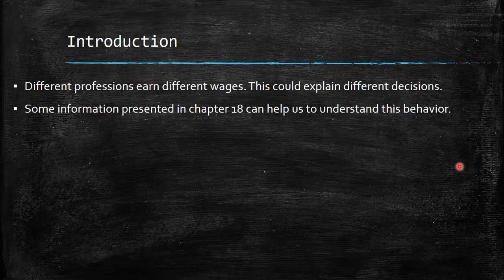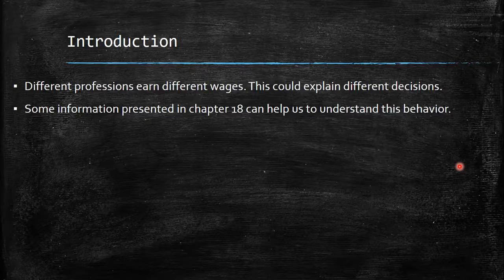Then inside the information of chapter 18, we already had some information to understand this behavior, and we understood that this is just the law of demand and supply, attached to the marginal productivity of each worker.